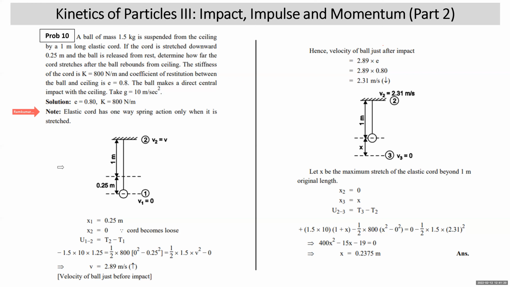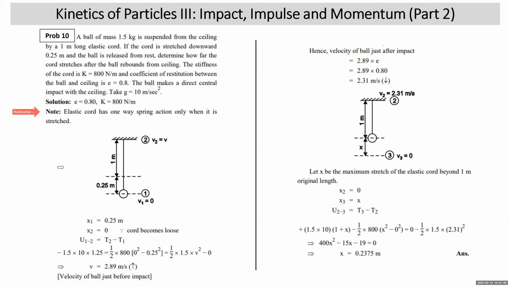So students, a normal spring will do work when you stretch it, and when you compress it, work will be done by the spring force. But an elastic cord is a stretchable cord, right? If you stretch it, work will be done by the force of the elastic cord.